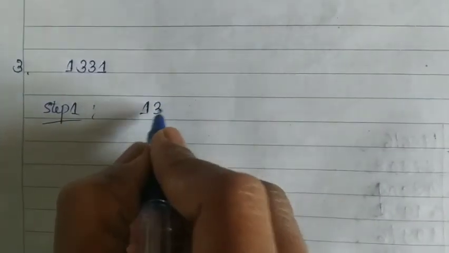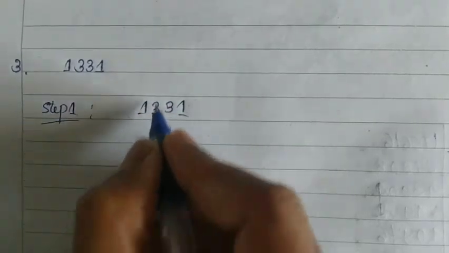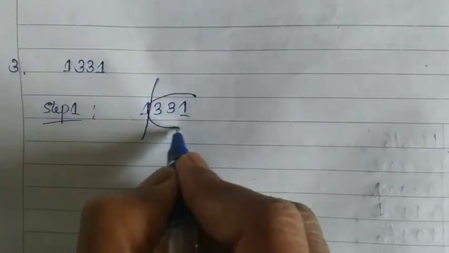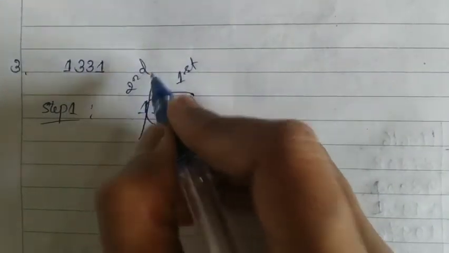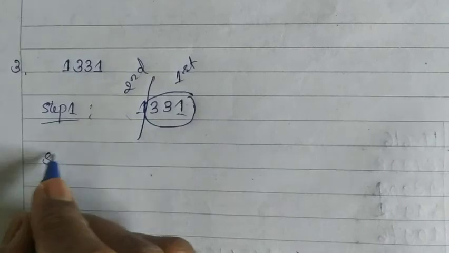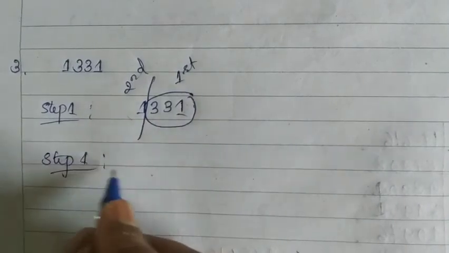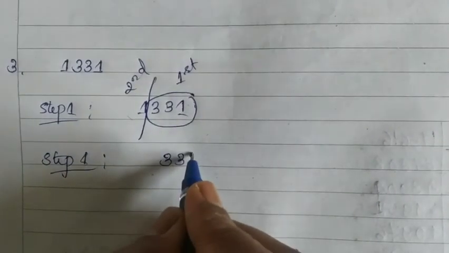In step 1, write the given number and group the digits in threes. I told you we start from right to left. So the first group is 331, and the second group is only 1. In step 2, look at 331.